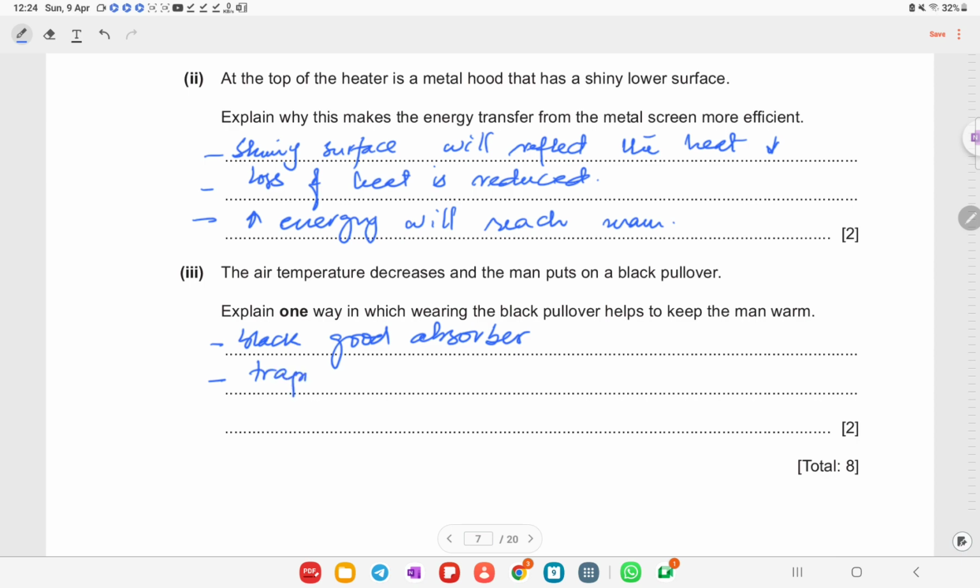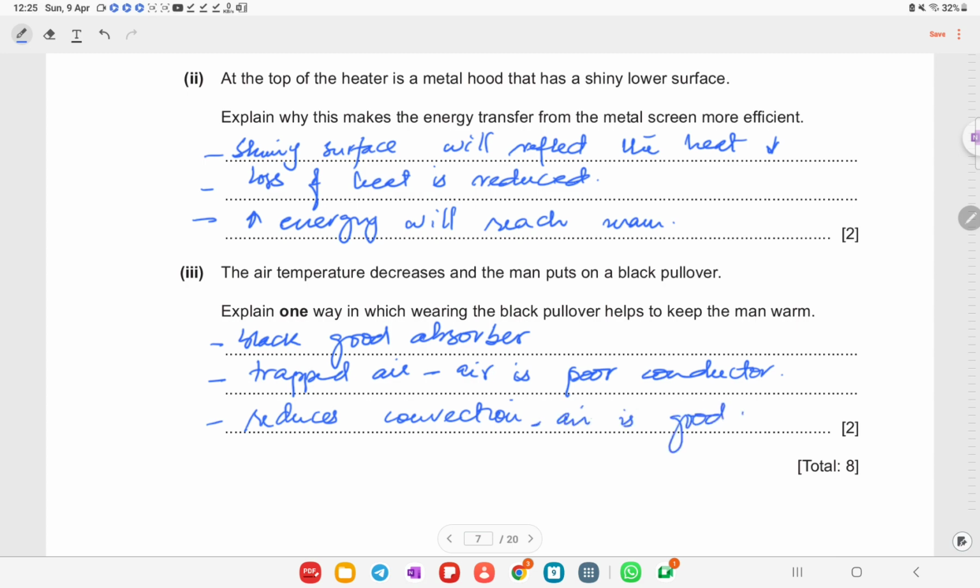Trapped air, because air is a poor conductor, and you can also write that it reduces convection, as air is a good insulator.